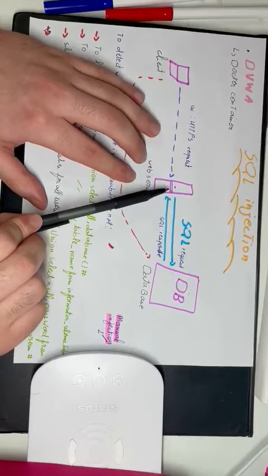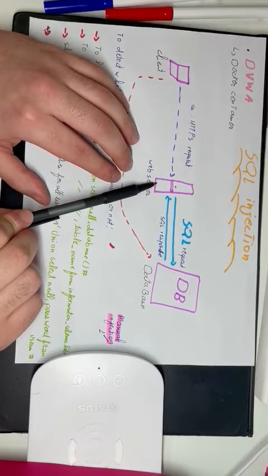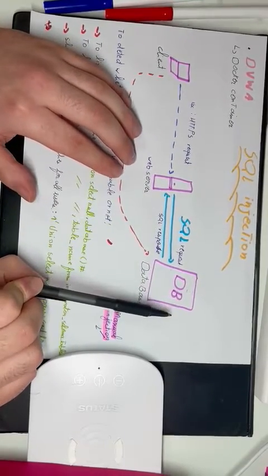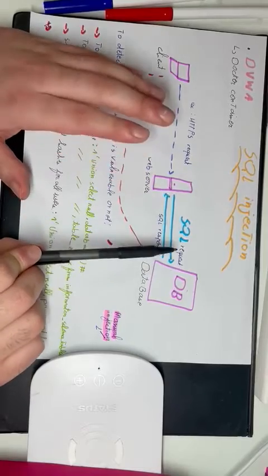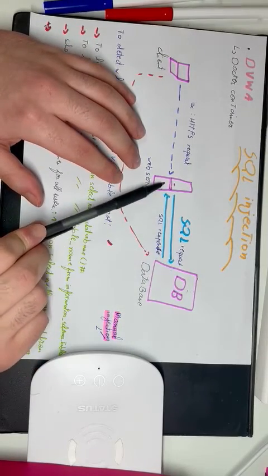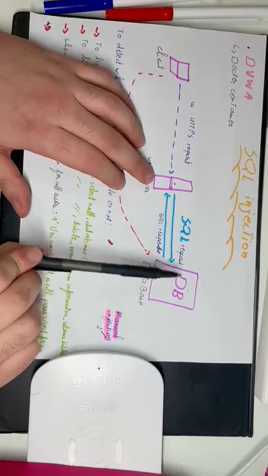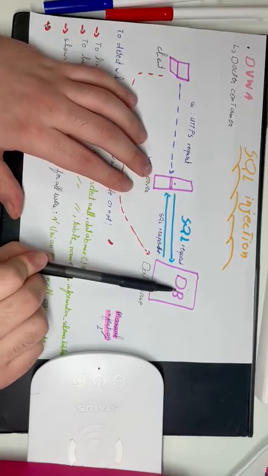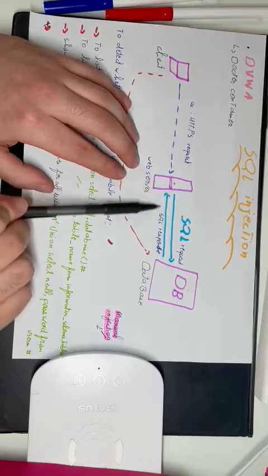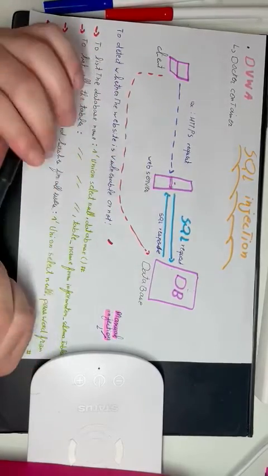The language the web server uses to talk with the database is SQL. As you can see here, in these two rows, the web server sends an SQL request, and the database sends back an SQL response.